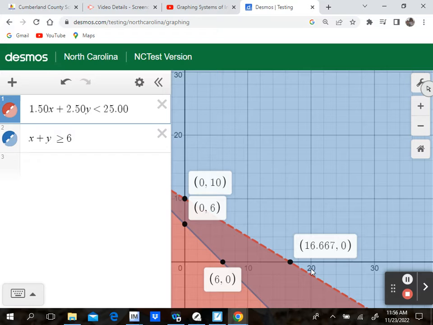So 0, 10, is there. Give me a second, I'll put the graph up there, and then that one goes down to somewhere between 16 and 17 and 0.